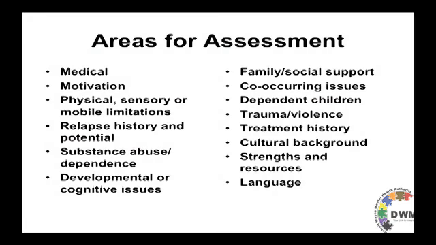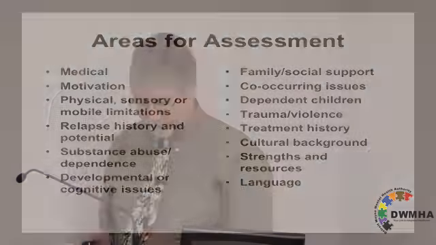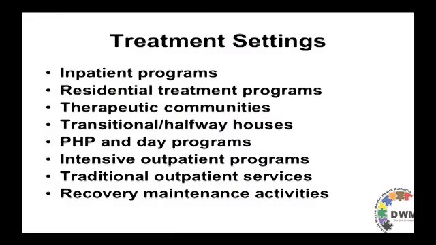And these are the areas that you would consider when determining what's the next level of care. And I think we have gone over all of these previously. So those are in your handout as a little crib sheet. Treatment settings: inpatient, residential, therapeutic communities, transitional or halfway houses. And there's some overlap there, like halfway house, three-quarter house.